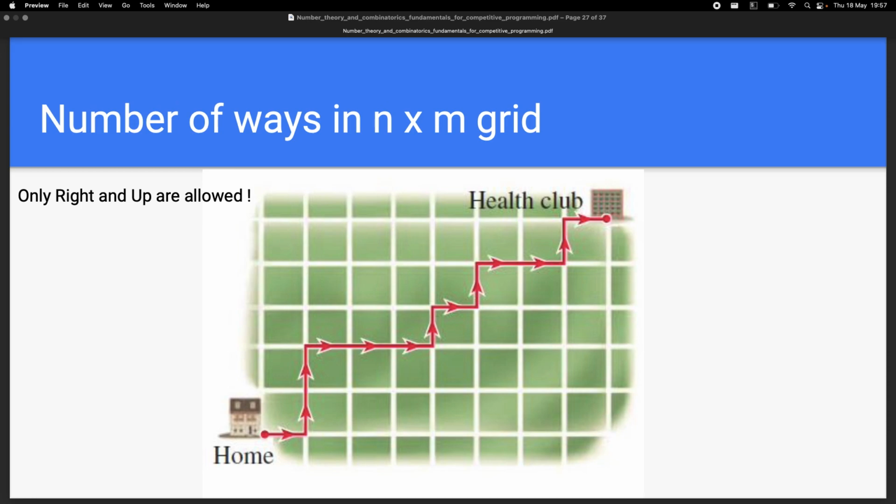Okay. Do you see any specific property that this string should have to be valid for us? For example, the first thing is the length of that should be n plus n. Yeah, of course. And then we should have the command up n times and the command right n times.